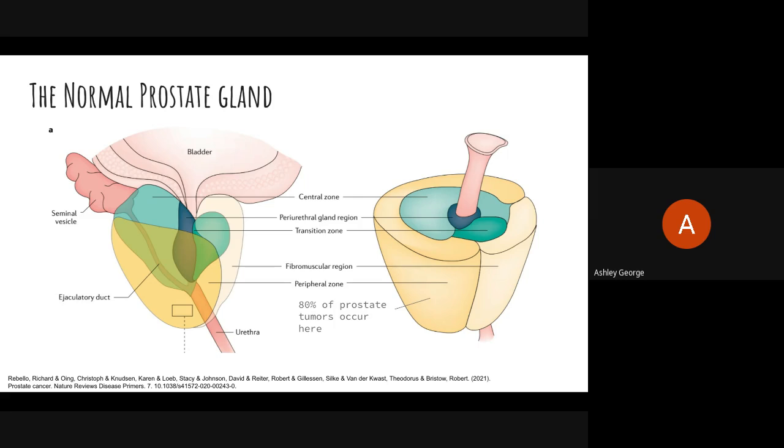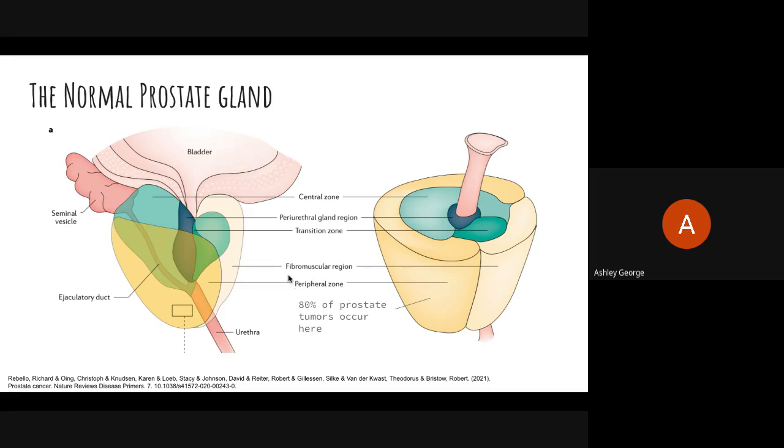But in a healthy adult, the prostate remains pretty stable in terms of size and function, but changes to hormonal regulation or cellular signaling can lead to abnormal growth, which can set the stage for things like prostatic hyperplasia or prostate cancer. This was just a diagram showing the different zones of the prostate gland.